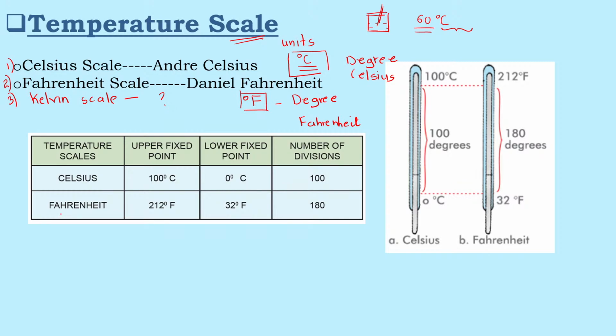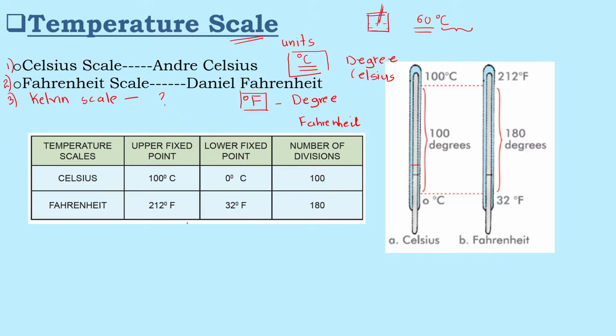In degree Celsius, the upper fixed point is 100 degrees Celsius and the lower fixed point is 0 degrees Celsius, and the total number of divisions is 100. Suppose I take a thermometer in degree Celsius: the uppermost is 100 and the lowest is 0, and in between you have divisions, and 1 division is 1 degree.